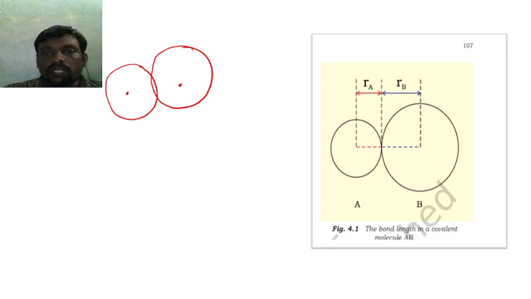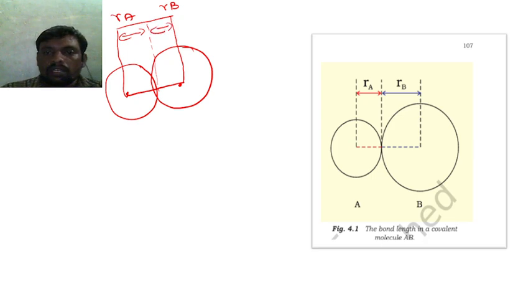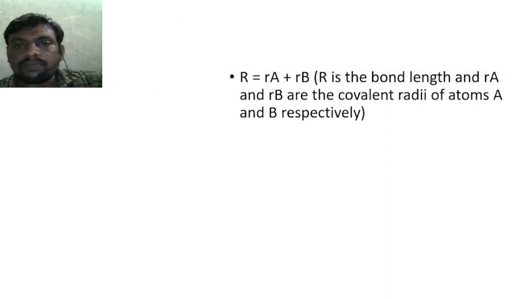We would like to know the radius. For atom A, RA is the radius. For atom B, RB is the radius. The distance between them from the center, that we have to know. Do you understand my point? Here we have a formula for that.